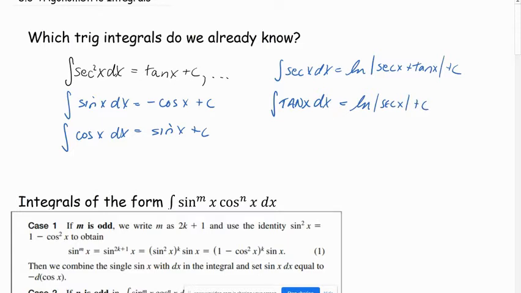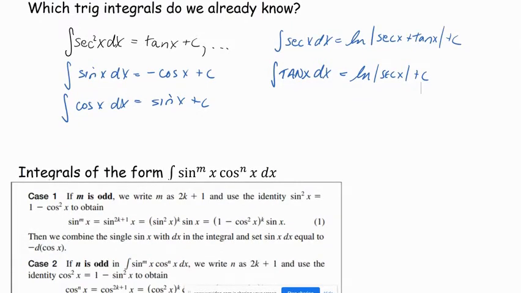Those are some of the basic ones that we already know. We're going to use these as a basis, and if we have more sophisticated integrals, we want to eventually reduce them to one of these 5 integrals.